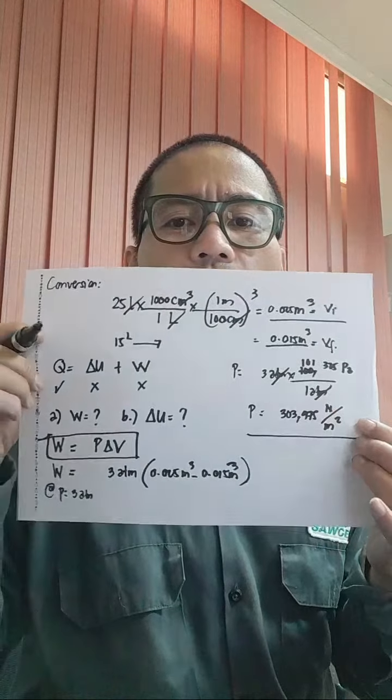So substitute these values here: 303,975 Newton per square meter times 0.025 minus 0.015 cubic meter. The cubic meter cancels, so the unit will be Newton meter, or joules.